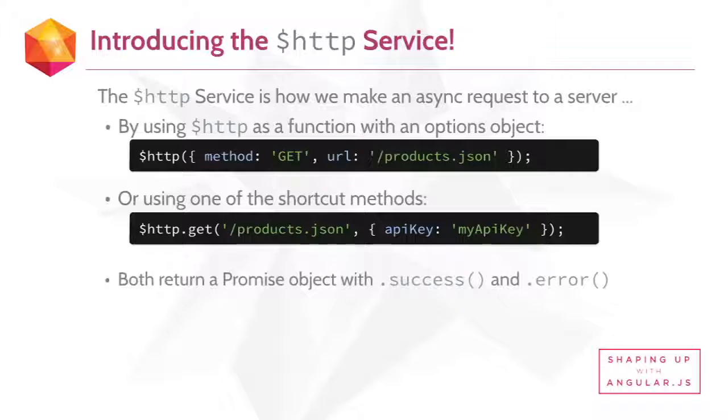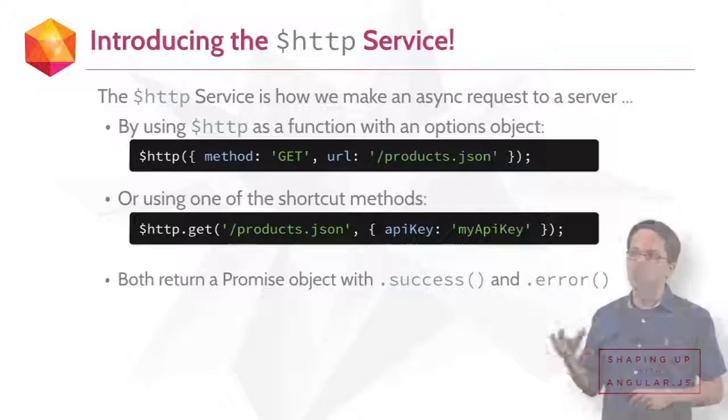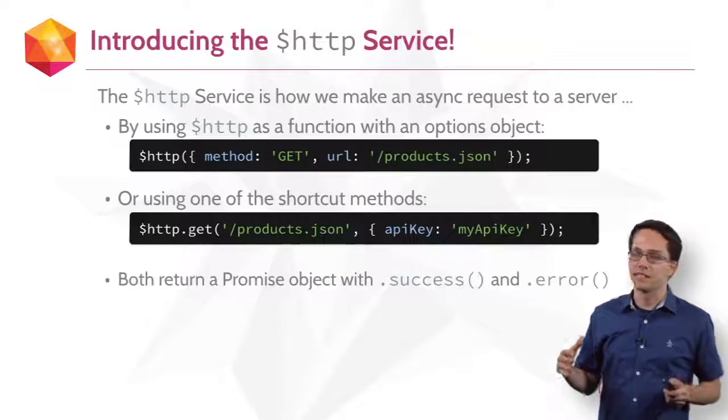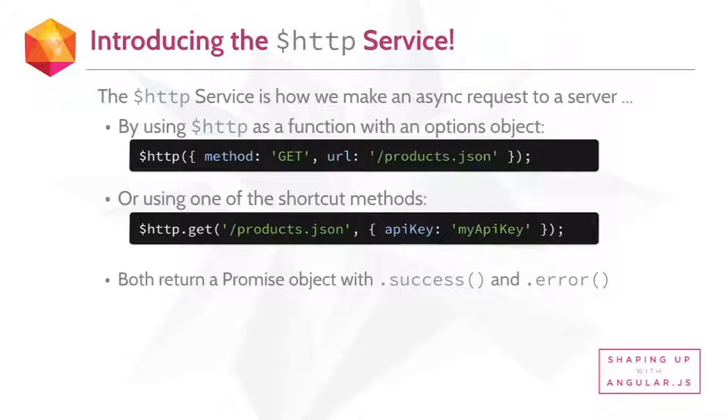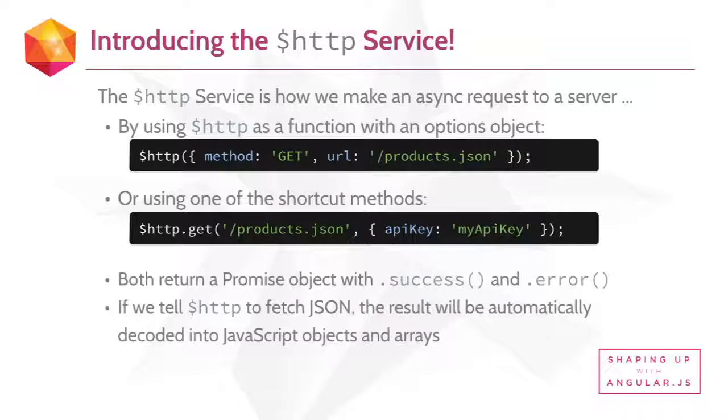Both of these methods return a promise. And if you're not familiar with promises, check out our jQuery courses on Code School. A promise object allows you to do callbacks on it, like success or error, which you'll see in a minute. One nice feature of the service is that if we tell $http to fetch JSON, the result will automatically be decoded into JavaScript objects in arrays. Pretty nice.